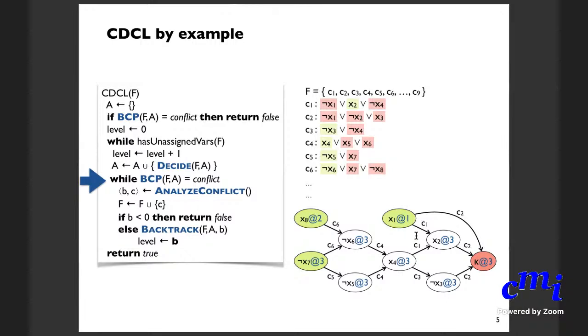Correct? So one way of preventing it is to say X1, X2, and not of X3 cannot be true simultaneously. Or X1 and X4 cannot be true, because if they're true simultaneously, then the same thing happens. Similarly, it cannot be the case that X1, not X6, and not X5 can be simultaneously true.